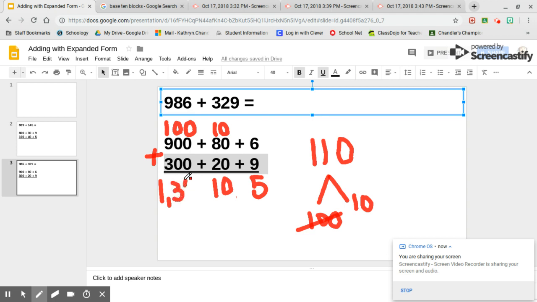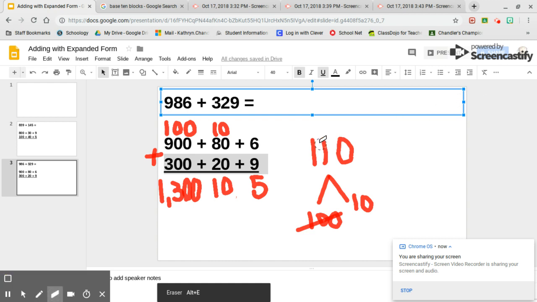And this is where it gets a little funky. What you could do, because I'm at the end of my problem, is just leave it like this, 1,300 plus 10 plus 5, and that would give me my correct answer. But I'm going to go ahead and trade it again just to make sure that I have the correct answer.